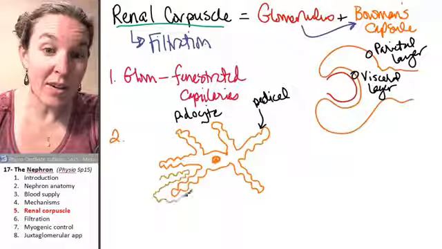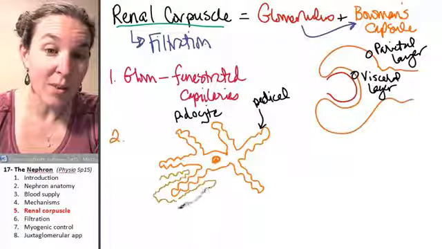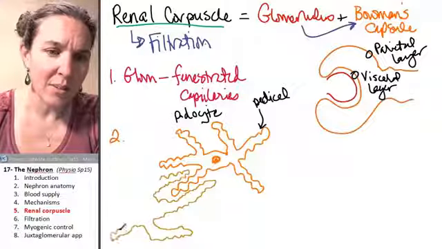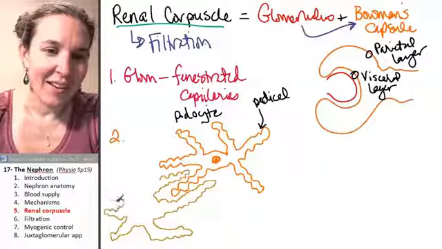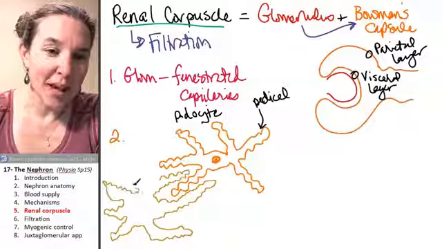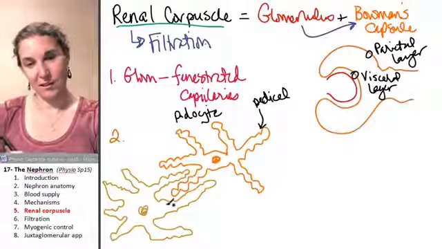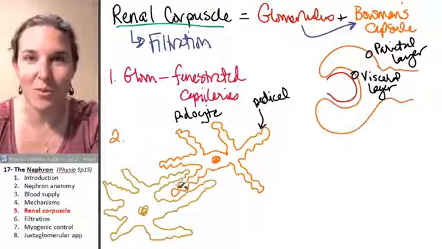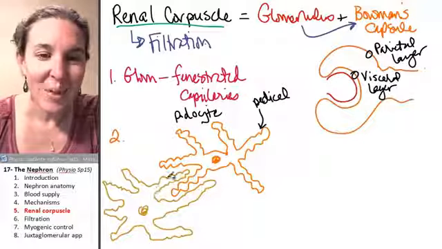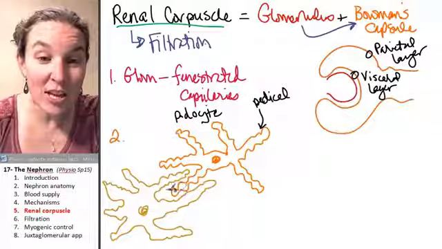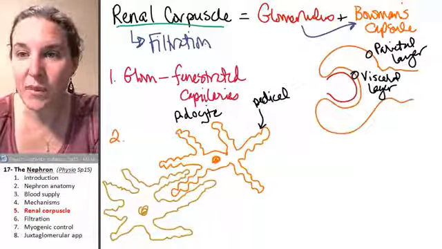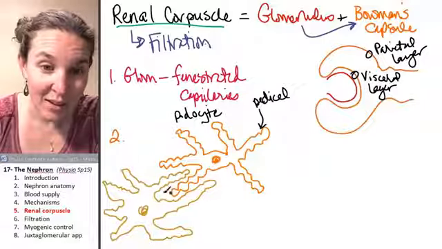Here's another podocyte, and its little, okay, this looks like an extremely spastic starfish. Okay, look at my interdigitation. That's what I'm trying to show you. The pedicels interdigitate, but there are spaces in between. And deep in here, I'm just going to put a little smiley face in there.